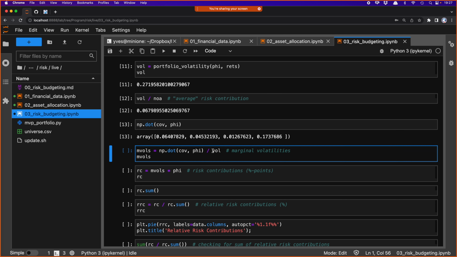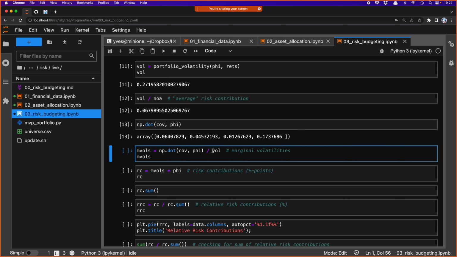So the risk contributions in percentage points now are 0.05, 0.01, 0.01, 0.15. Again, these numbers are weighted with the portfolio weights, and they give us numbers in a wide range from 0.01 to 0.15.